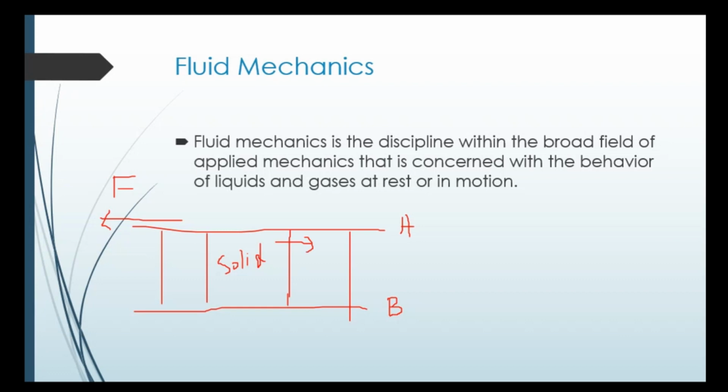But there is a limit. What is that limit? Elastic limit, yield point. So the force till yield point would allow it to deform, but as soon as you reach the yield point, suddenly there will be permanent deformation in that solid. So solids resist shear forces till yield point.